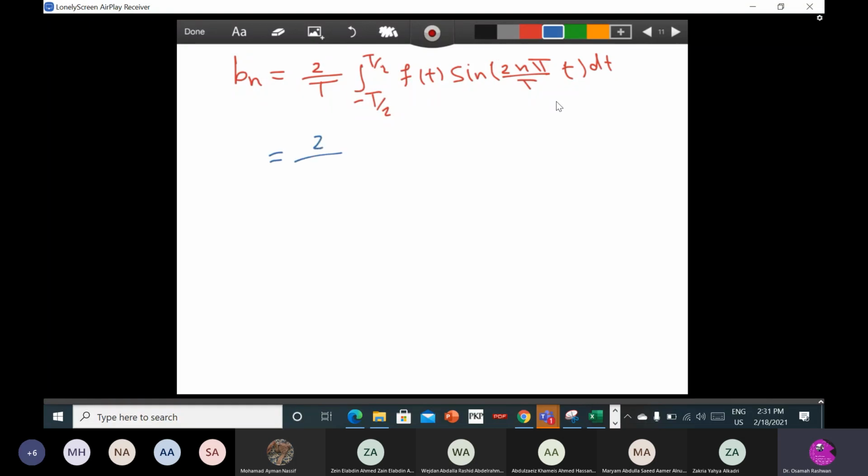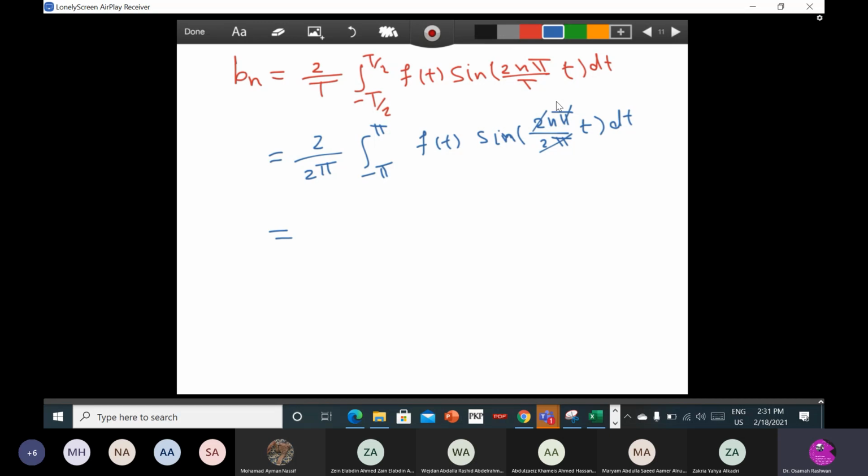Okay, so it is 2 over 2 pi, integrating from minus pi to pi of f of t sine 2n pi over 2 pi t dt.